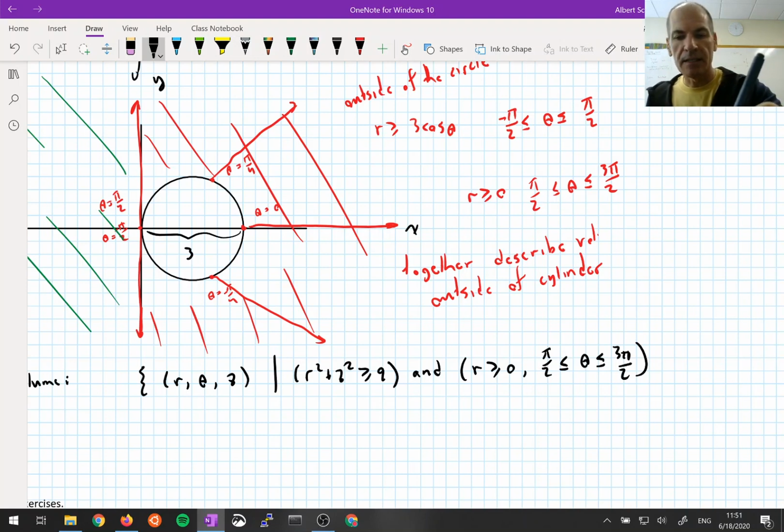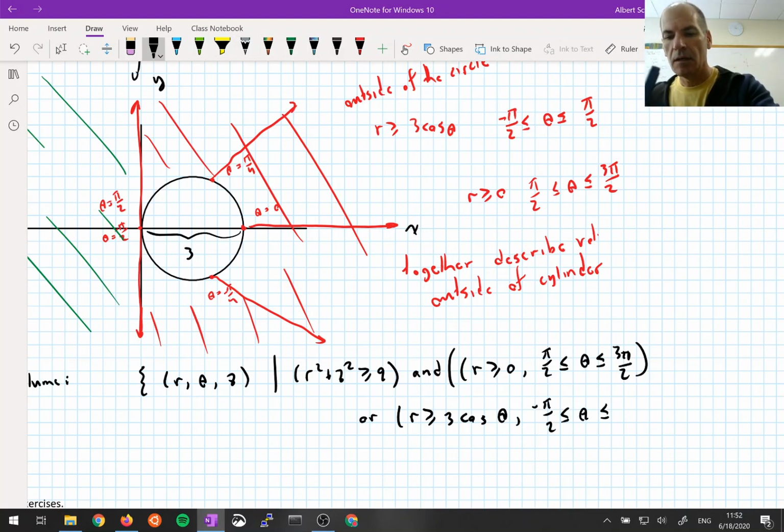And finally, it also needs to, sorry, not also, or it needs to satisfy r greater than or equal to 3 cosine theta for theta between minus pi over 2 and pi over 2. All right, that's the membership test.